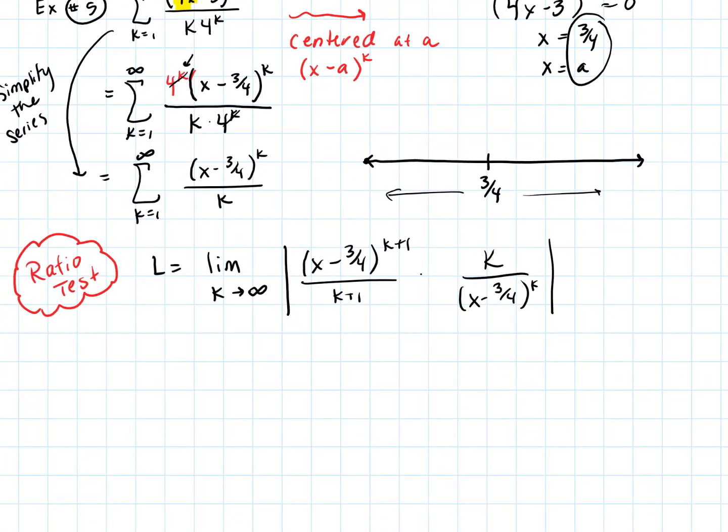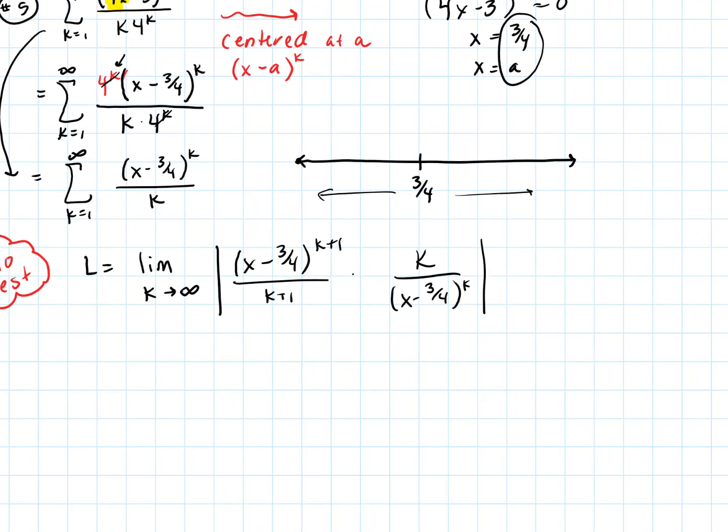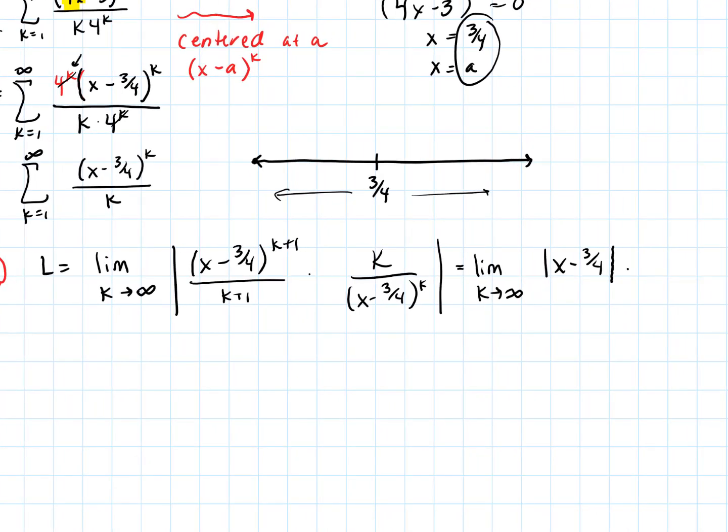I'm going to continue to simplify that down, and I'm going to end up with the limit as k approaches infinity of the absolute value of x minus 3/4. It's just to the first power, so I'm going to drop the power and just write it as x minus 3/4, multiplied by k over k plus 1.